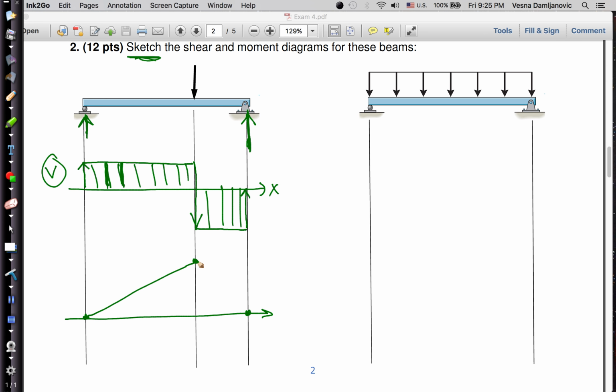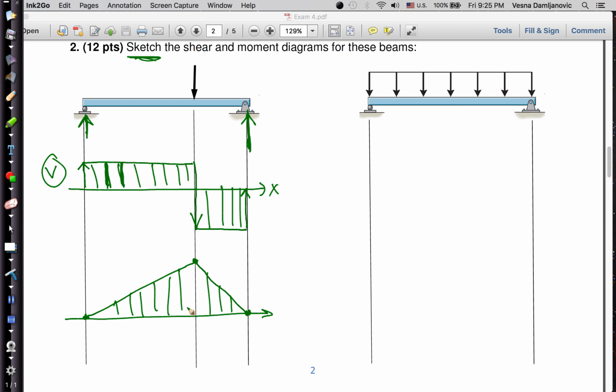And then at this point here, because there's a jump in the shear, there will be a sudden change in the curvature, in the slope, right? So it will not be continuous, it will not be gradual, it will be sudden. And because this is constant in the shear, the moment will also be just a slope. And it has to come down to 0, because there are no other moments. And that's our moment diagram.